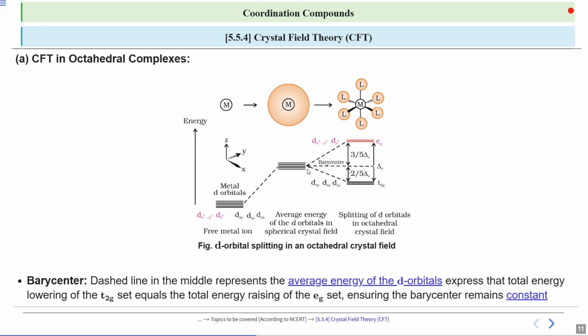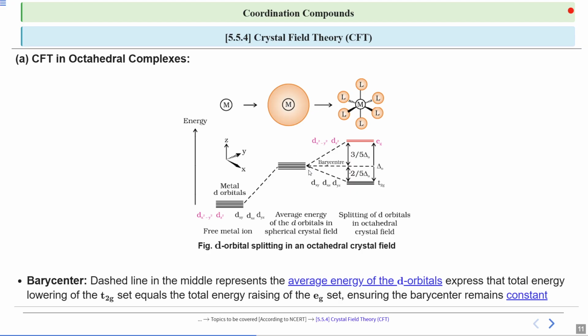What is barycenter? It is a dashed line in the middle which represents the average energy of the d orbital, between the EG and the T2G set, corresponding to the average energy of the d orbital in the spherical crystal field.